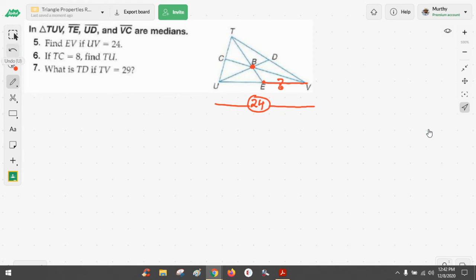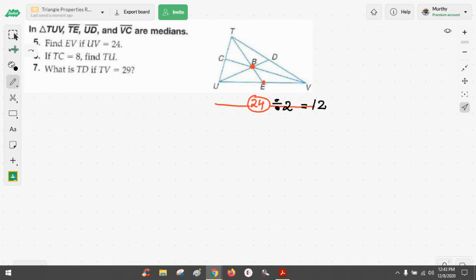I know that a median divides the side into two equal halves. Therefore, if I divide 24 into two equal halves, 24 divided by 2 gives me 12 units. Therefore, EV is going to be 12. But the same thing you have to show in proper working.